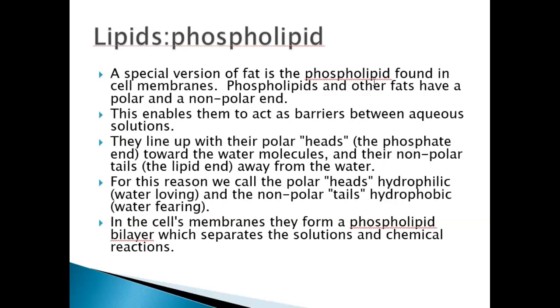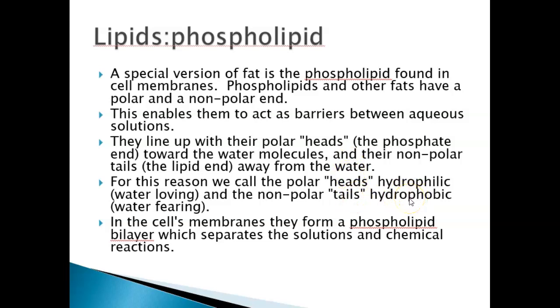And then the last one we'll mention here, phospholipids. These are a special type of lipid. They have a round end, which is the phosphate, and that phosphate is polar. So we say that it loves water, that it is hydrophilic. So it points toward water. The tails, and each one has two little tails, are hydrophobic.